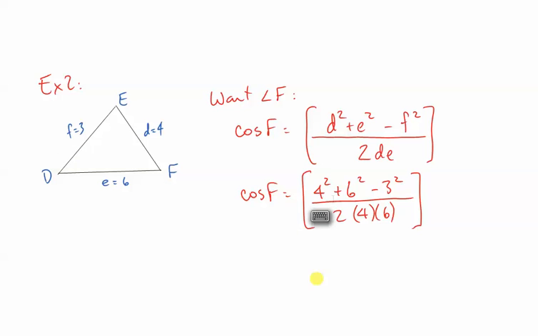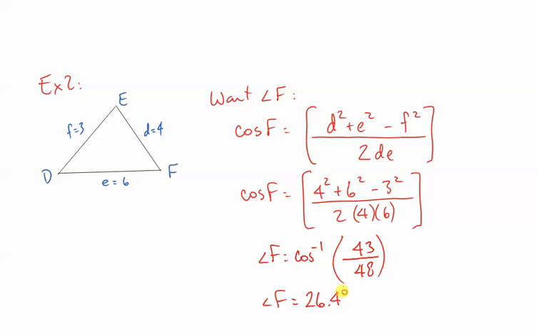So we have 16 and 36, that's 52, minus 9, that's 43, over 8 times 6, or 48. If that's what cos of F is, then angle F is the arc cos of this. And we would find with the calculator, I've already entered this in, 26.4 degrees is your angle F.